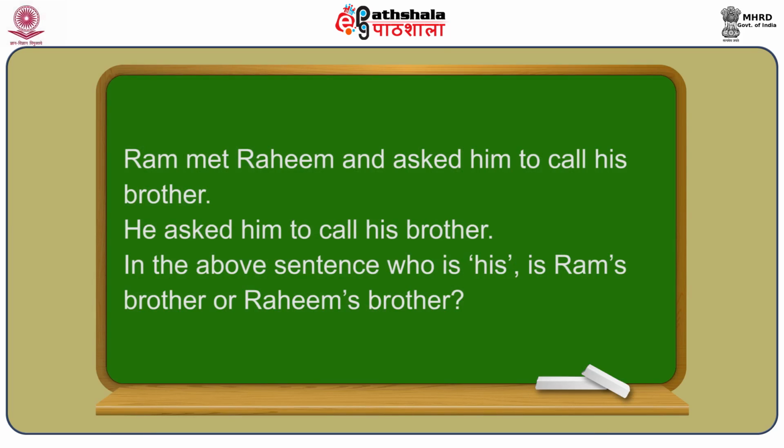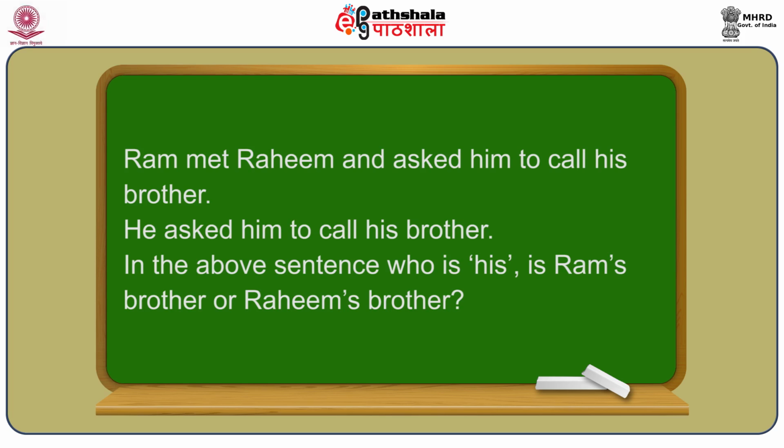If I give an example here, you can find out: Ram met Rahim and asked him to call his brother. If you look at this sentence, the question is, who is his?